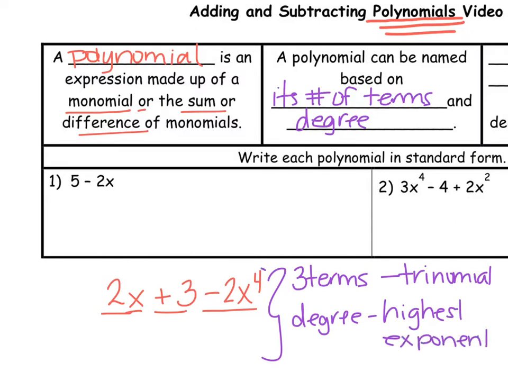So this degree is 4, so this would be called a 4th degree. In this case, it's a trinomial. And after trinomial, we just continue to call it a polynomial.